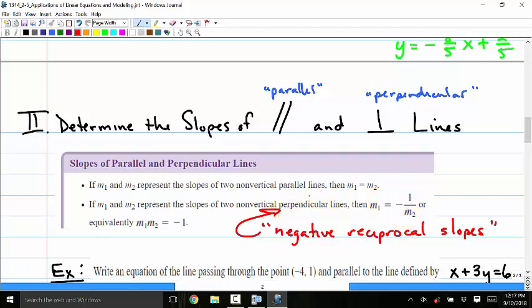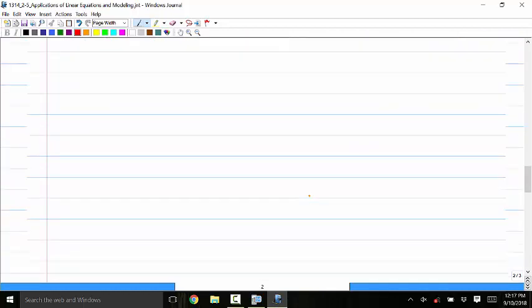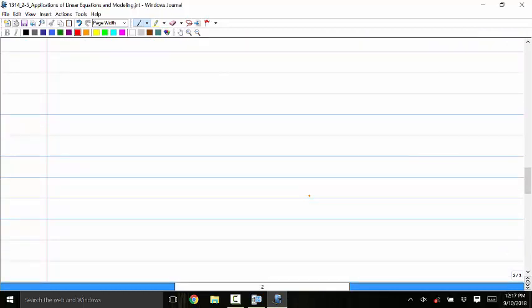What does that mean? Opposite reciprocals. I'm going to go over to the bottom of this page. This is another example I should have probably written before doing the one up there. So, example. Find the slope of the perpendicular line.